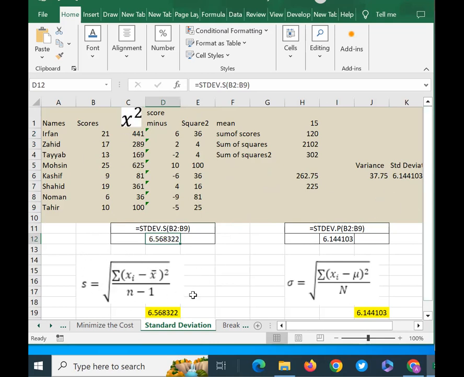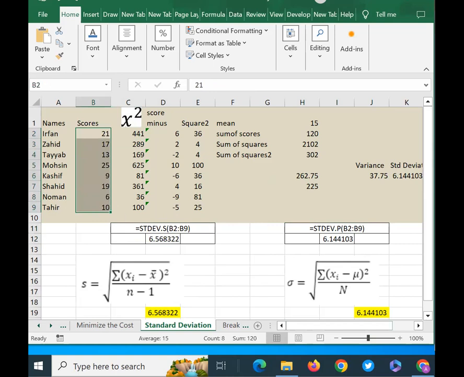All the square roots, squares, means and counting of the sequence are performed by this function. Similarly, for the population, it is going to divide by 8 if you have 8 scores.